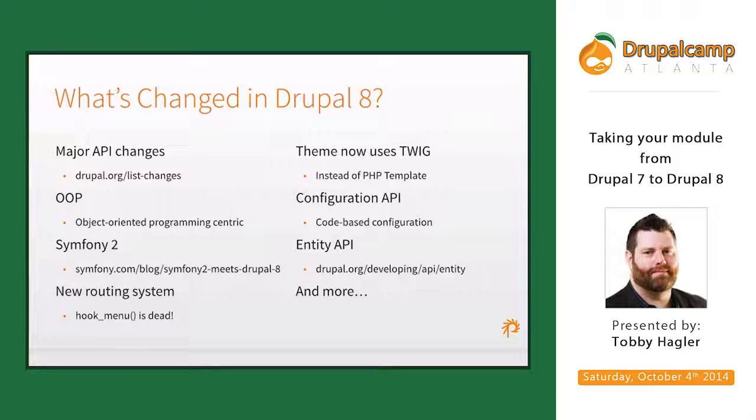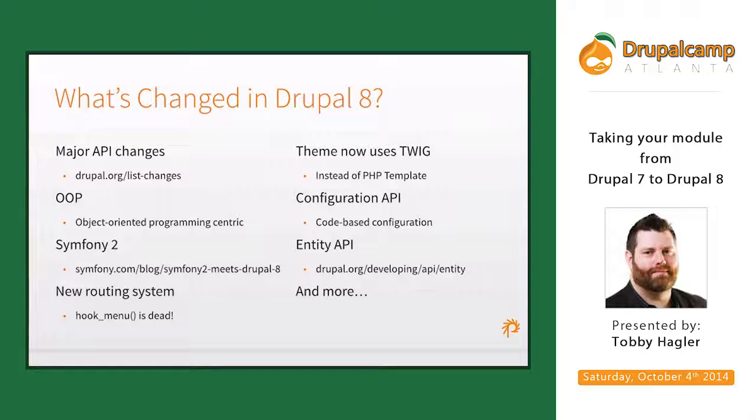Another big change was with Entity API. Entity API was something that was introduced into Drupal 7 very late in the game, and as such, it didn't get a lot of love. It didn't get a lot of proper testing. It was just kind of tossed in at the last minute. It almost didn't make it, and it was very incomplete, and you have to have things like the Entity API contrib module just to really kind of finish it.